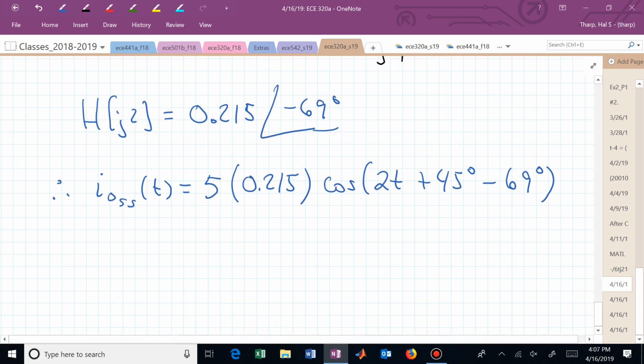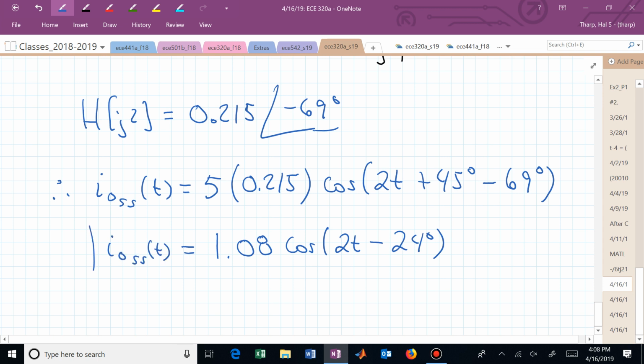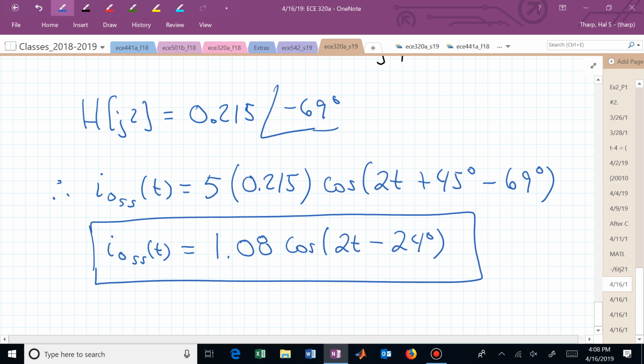And if you clean all of that up, 5 times 0.2 is 1, so a value of 1 in magnitude is close. We have 1.08 cosine 2t, and now we just take 69 away from 45 to obtain minus 24 degrees, and that would be your answer for your sinusoidal steady state current in that circuit that we started with, given that input voltage of 5 cosine of 2t plus 45 degrees.